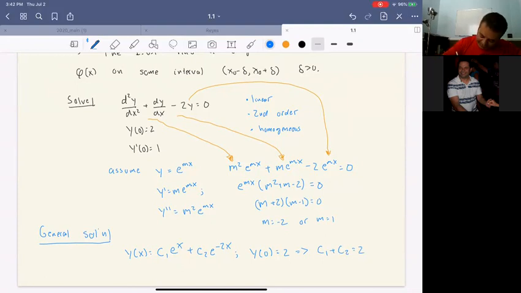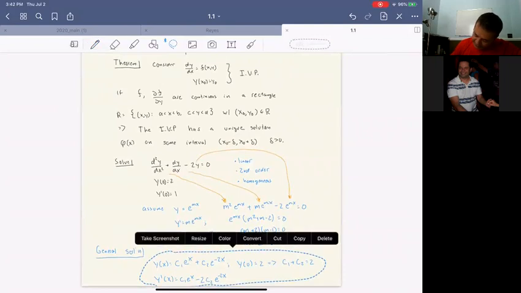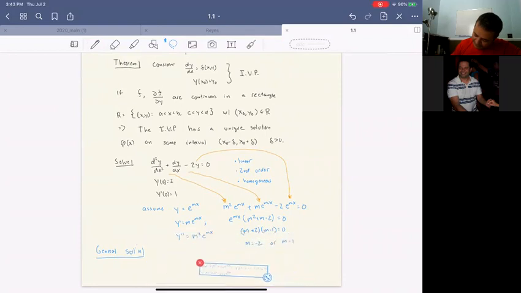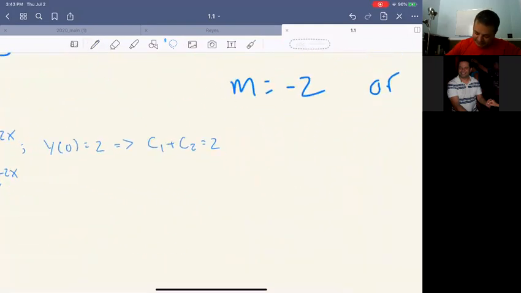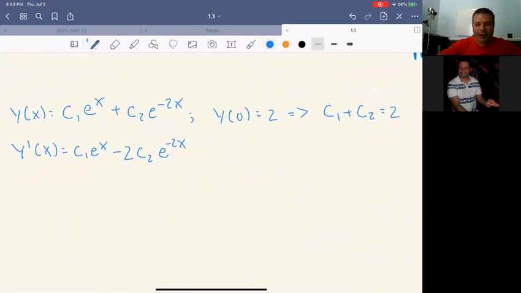Let's take y prime of x. y prime of x is going to be c1 e to the x minus 2 c2 e to the -2x.